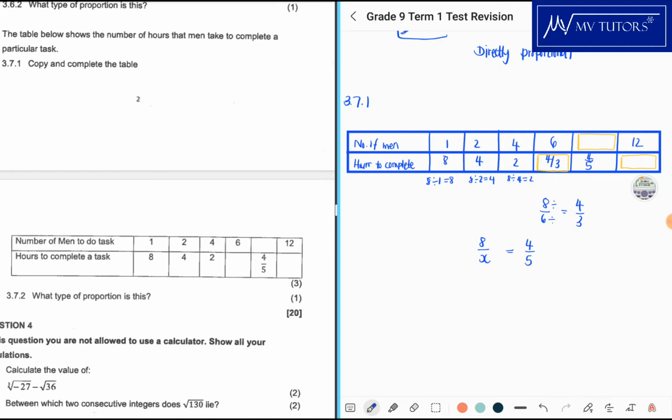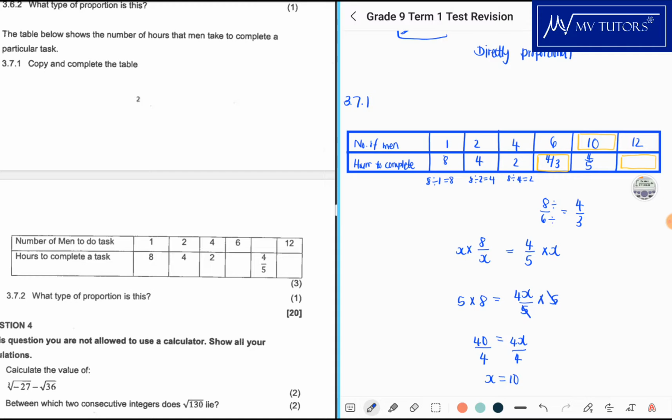This is typically just solving. I'm going to multiply by x on both sides. So then I have 8 is equal to 4x over 5. Then I'm going to multiply by 5 on both sides so that these 5s can cancel. Then I have 4x equals 40, since 5 times 8 is 40. If I divide by 4 on both sides, x will be equal to 10. So basically here I have 10.